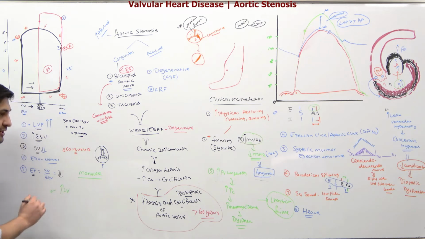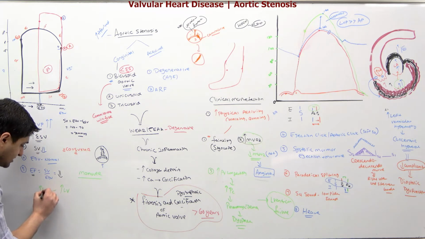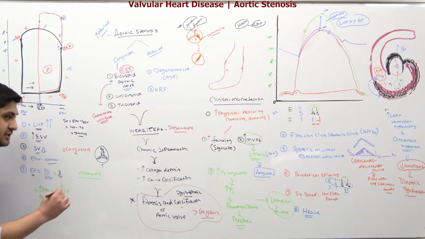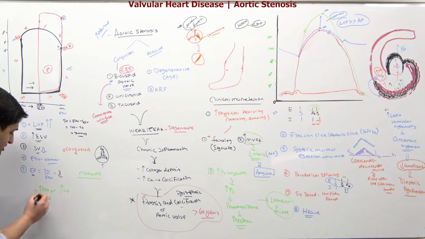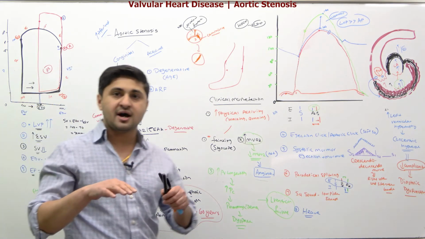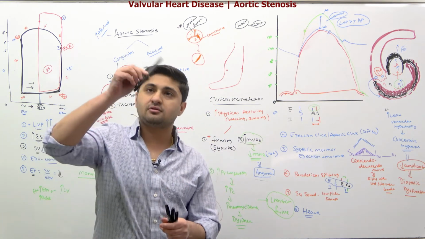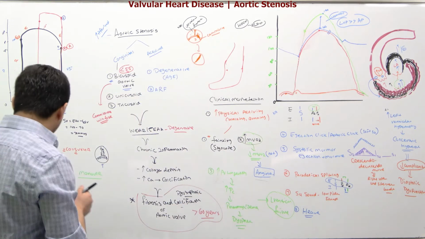For example, if you want to increase the left ventricle, that means you have to increase your end diastolic volume, or your preload, same thing, right? What are the causes that lead to an increase in preload? Maneuvers, for example, a passive leg raise. If you're lying down and you raise your legs, venous return increases, right?